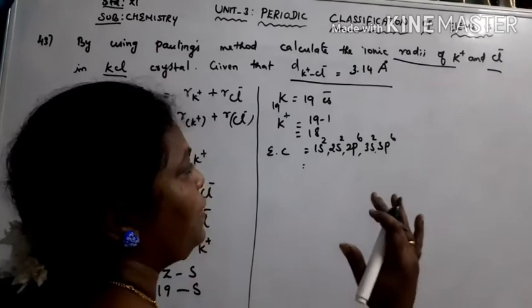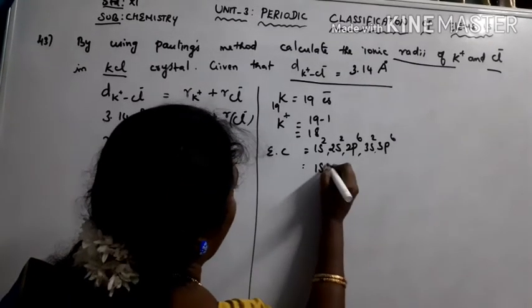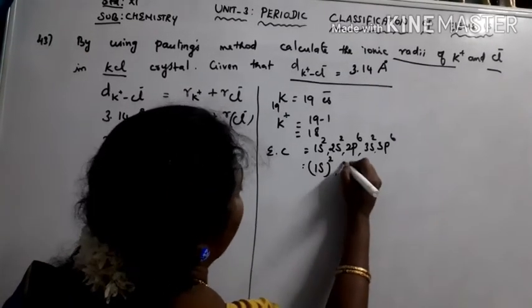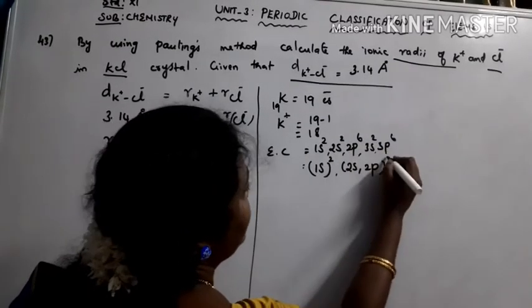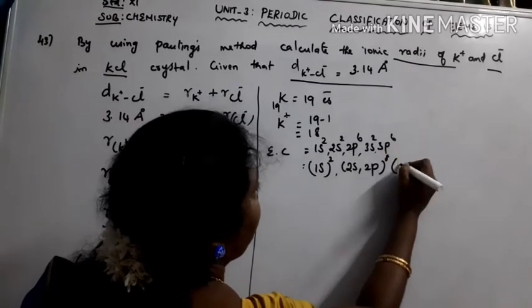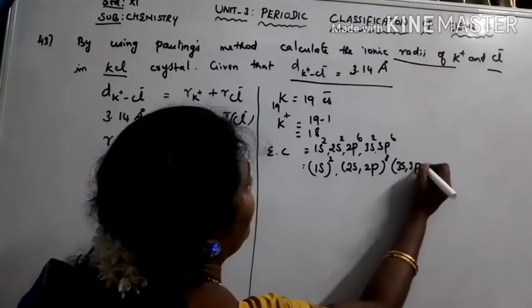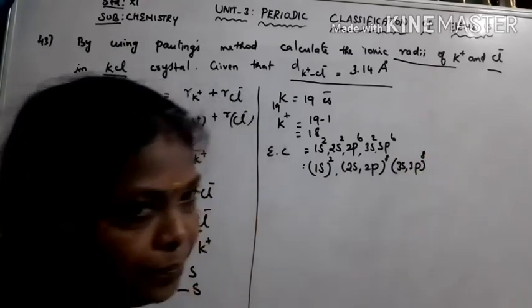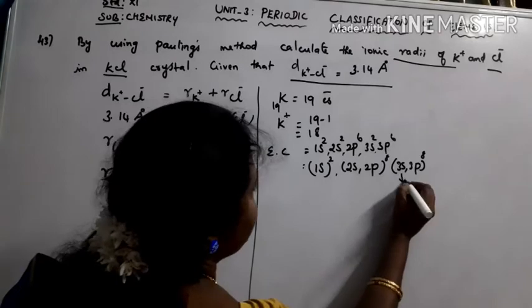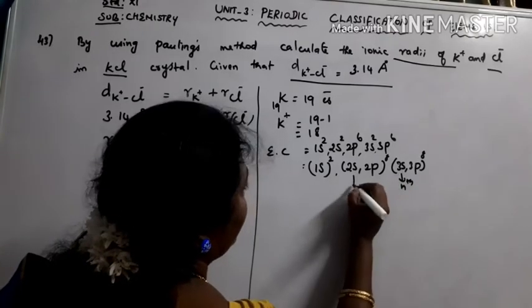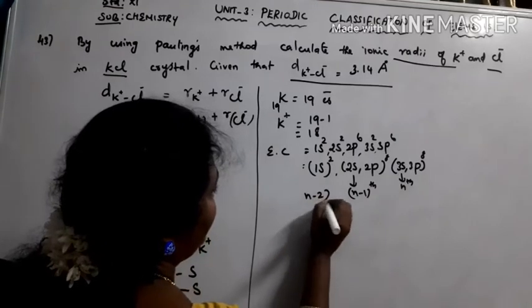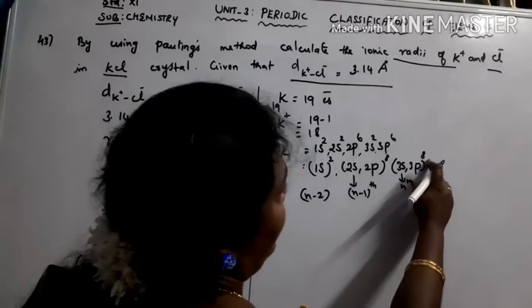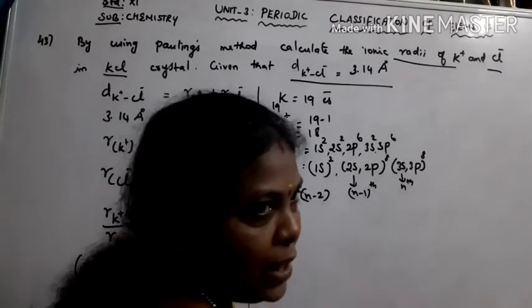The s and p orbitals together: 1s2, then 2s, 2p, so totally 2 plus 6, 8 electrons, and then 3s, 3p, which also contains 8 electrons. So this is the nth shell, here the n minus 1 shell, and here n minus 2. We are going to calculate the effective nuclear charge for these.